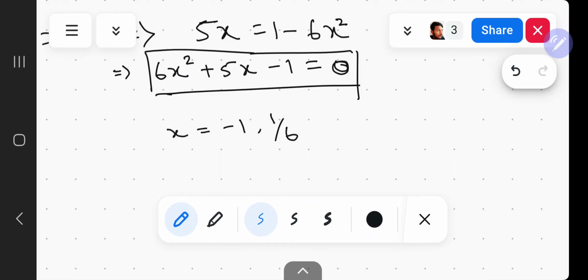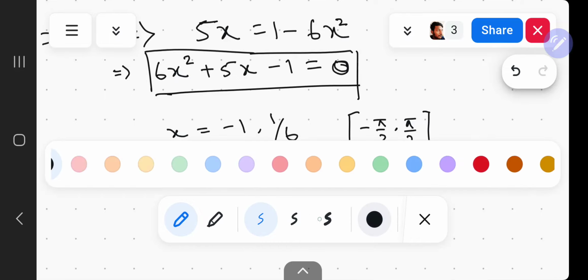So all of this was inside tan inverse. So the value of x must be inside this range, that's minus pi by 2 and pi by 2. We can see that minus 1 and 1/6, both of them are inside the range, so that's correct.